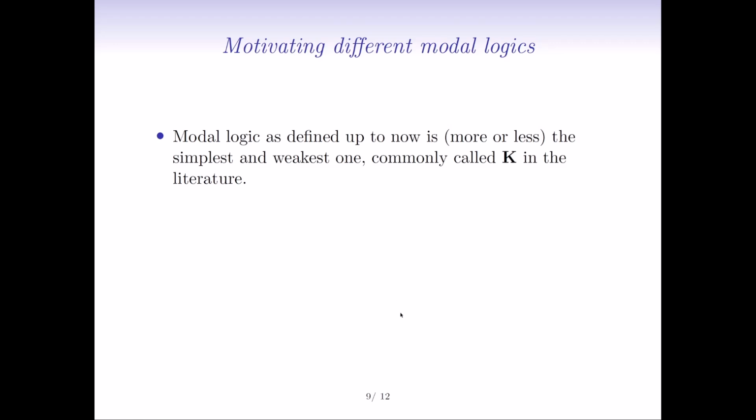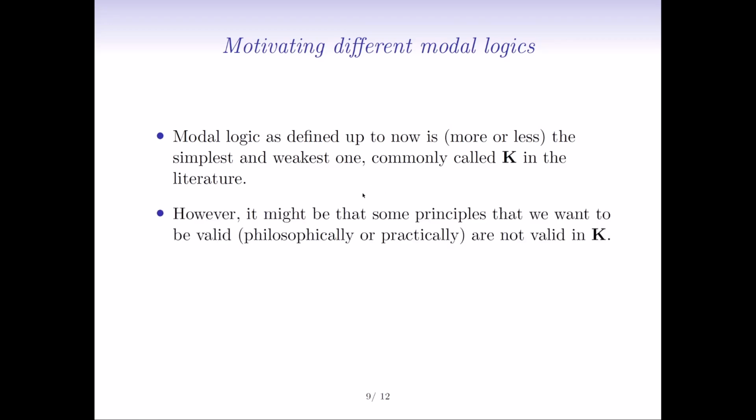And for historical reasons, which I now have no idea about, modal logic as we've defined it here is most commonly called K, the modal logic K. However, as we've already seen, some formulas might not be valid in K, even though for practical or philosophical reasons, we might want them to be valid.